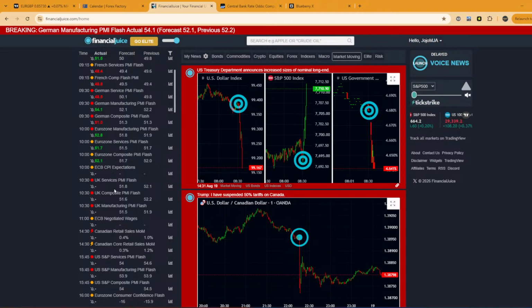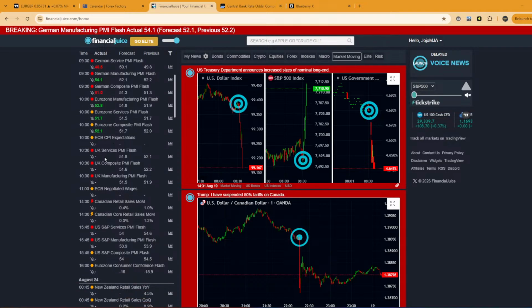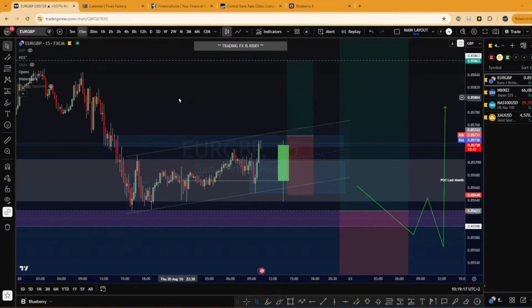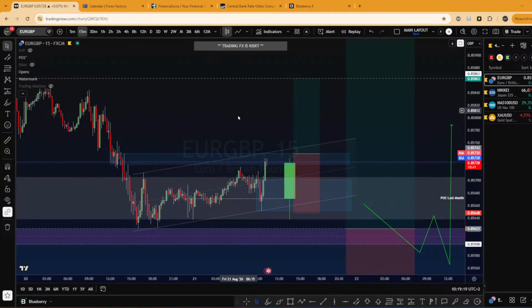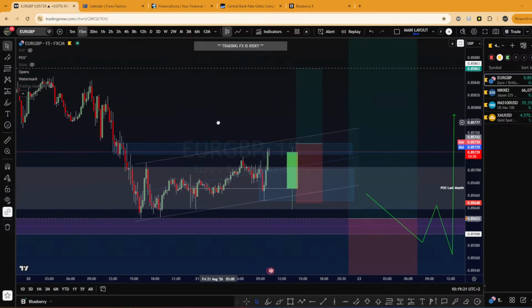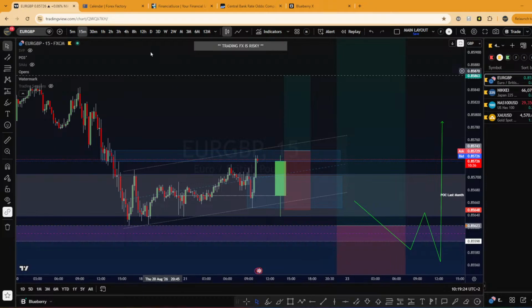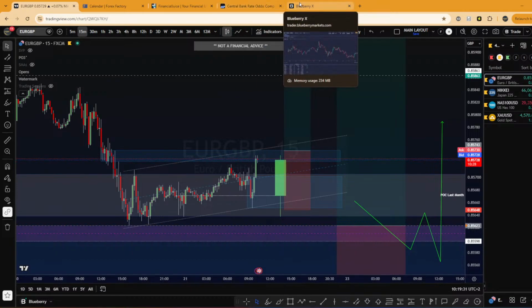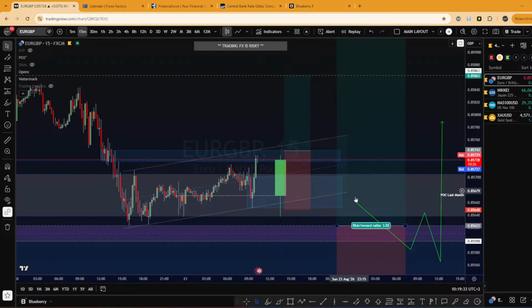So let's wait for the UK PMI services. If this comes out weak, I think Euro pound will fly to the upside. So that's what I'm waiting for. But if the PMI on UK comes out strong, we could potentially have some retests drop lower before going higher.